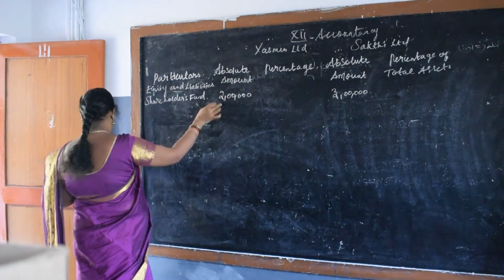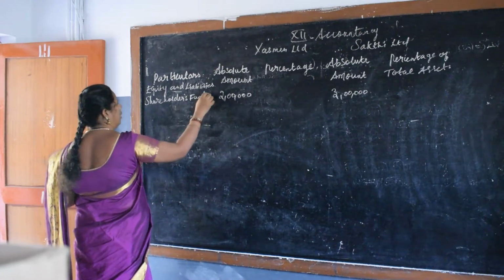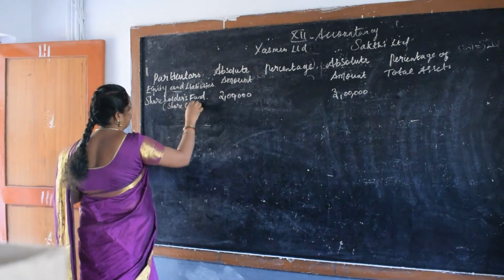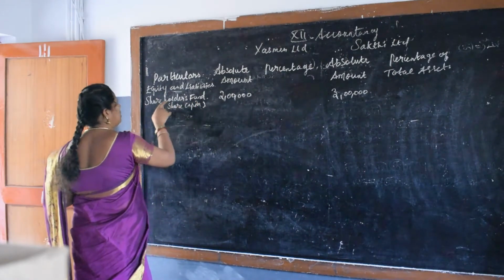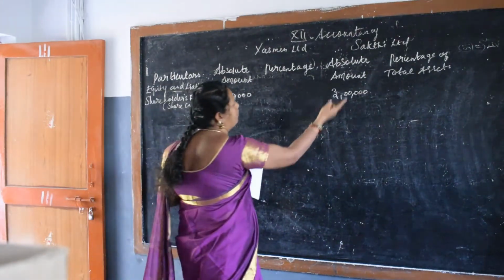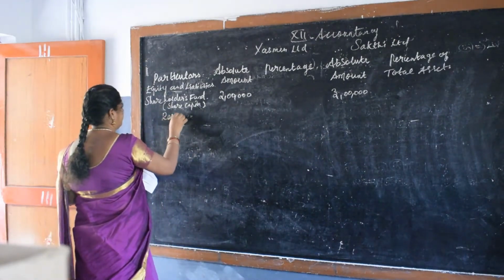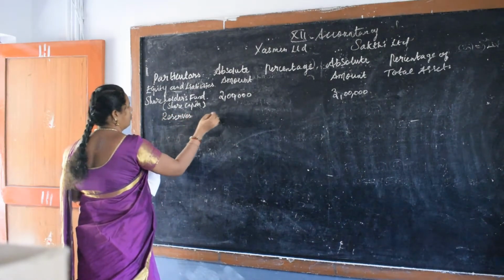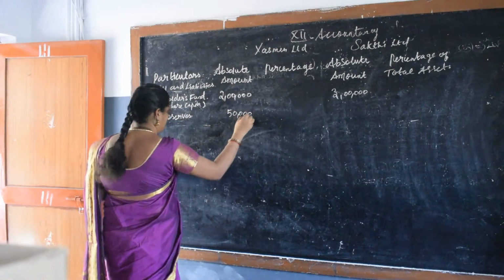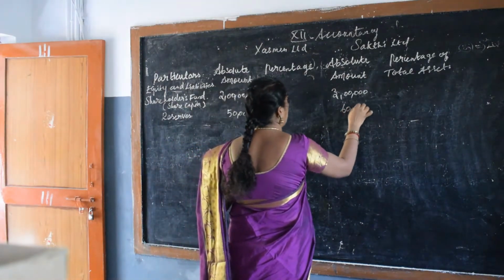Under the shareholders' funds, share capital is 2 lakh for Yasmin and 3 lakh for Shakti Limited. Then reserves and surplus: the reserves are 50,000 and 60,000. You should not compare.